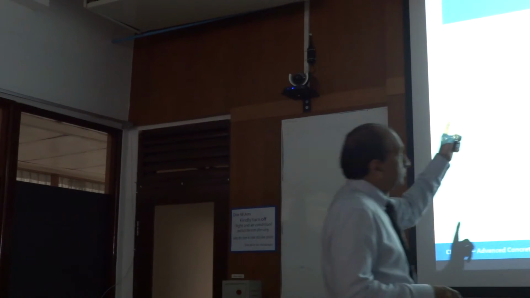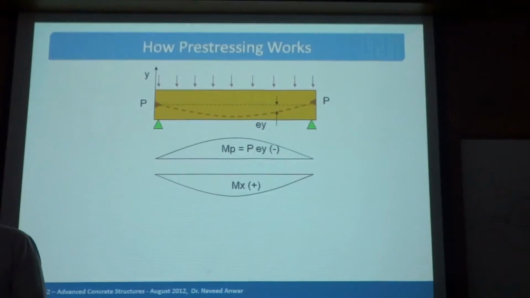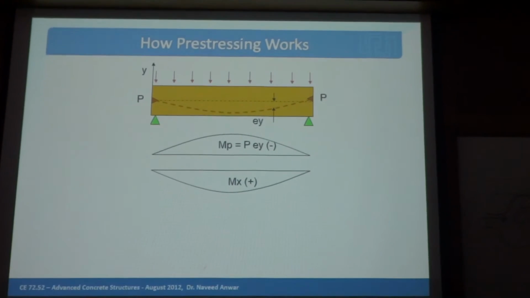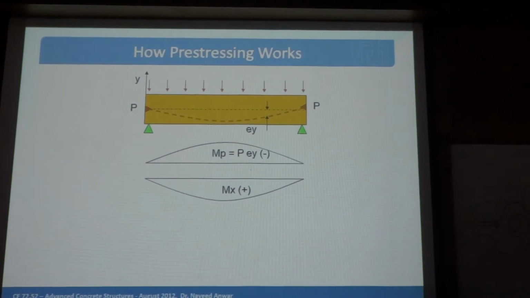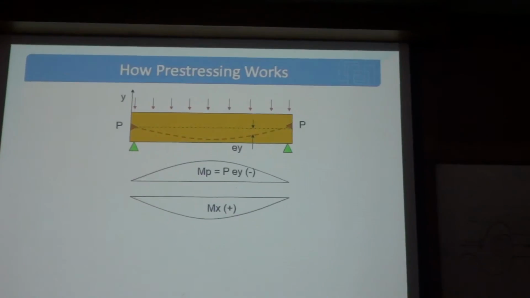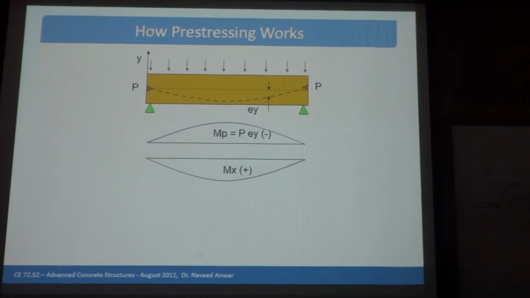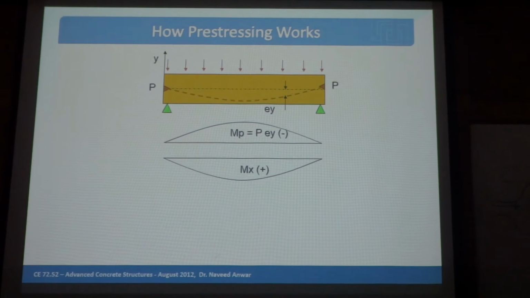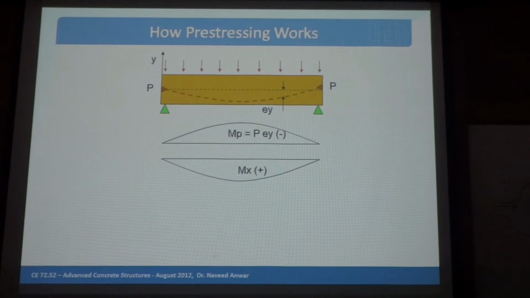Normally the dead loads are UDL, and normally they give a parabolic configuration of the bending moment. So the final conclusion is that we can put a parabolic tendon in a beam and apply the force in such a way that it balances about 80% of the load.